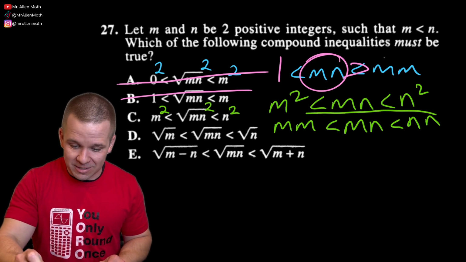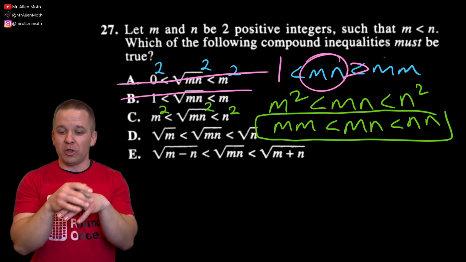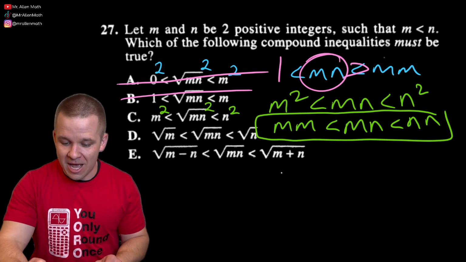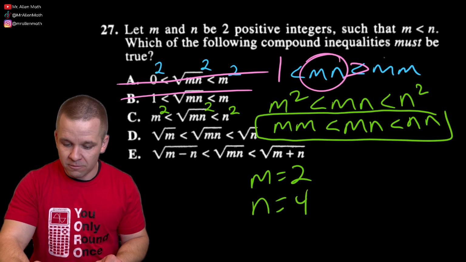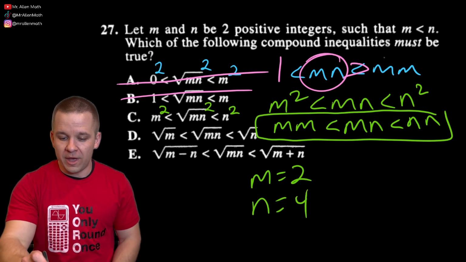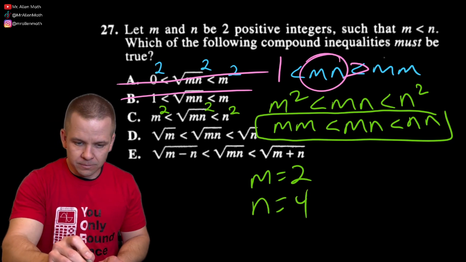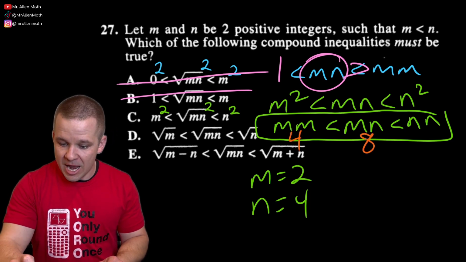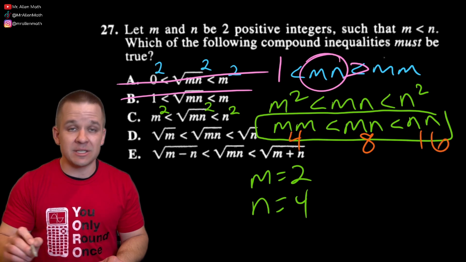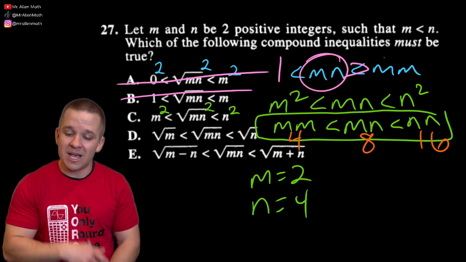This one is making sense to me, right? Let's just put some regular old numbers to it. Let's say that m equals 2, and let's say n equals 4. Just keep numbers nice. Well then, m times m is going to equal 4. 4 times 2 is going to be 8. And then 4 times 4 is going to be 16. I could probably try that all day with different numbers, and it will work out.